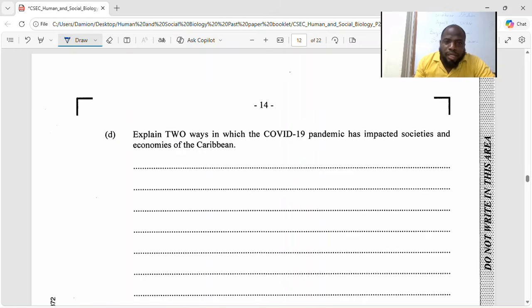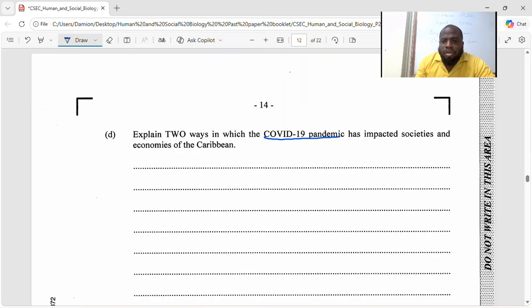Next question, part D says, explain 2 ways in which the COVID-19 pandemic has impacted societies and economies of the Caribbean.